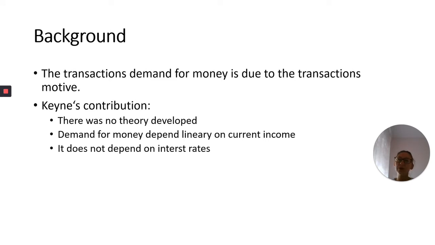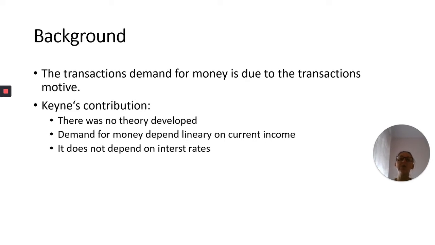At least one of the first economists who started to talk about demand for money was Keynes, and his contribution is debatable. First of all, Keynes did not develop the entire theory.